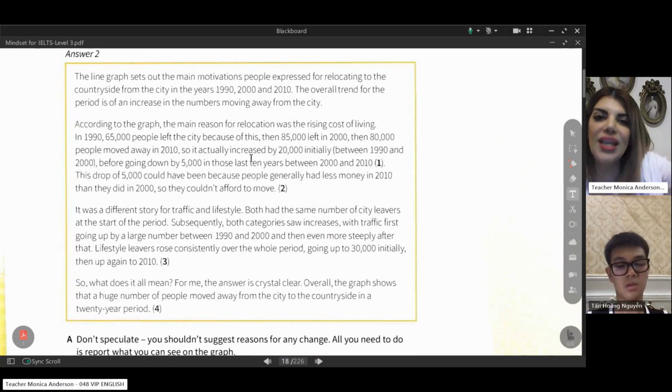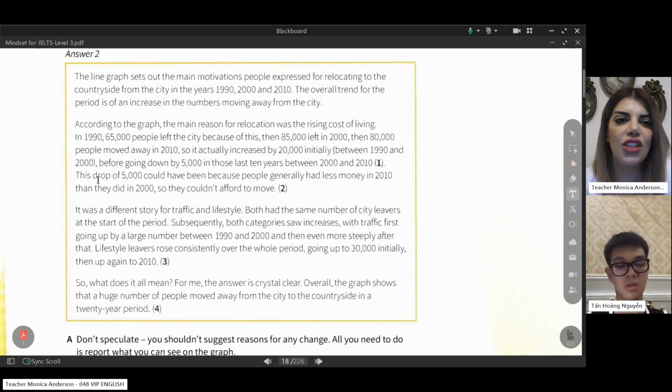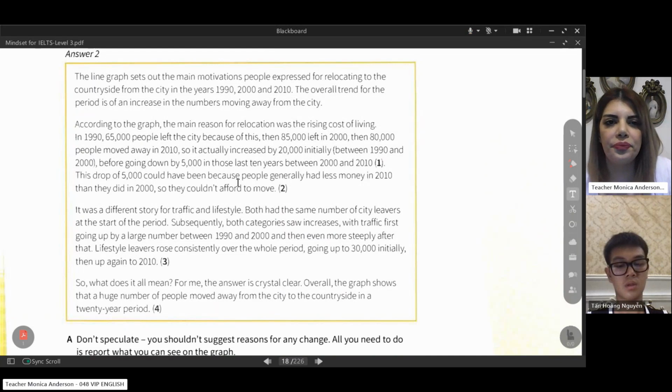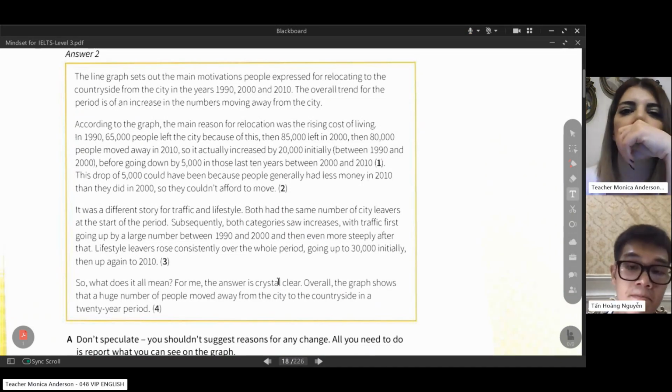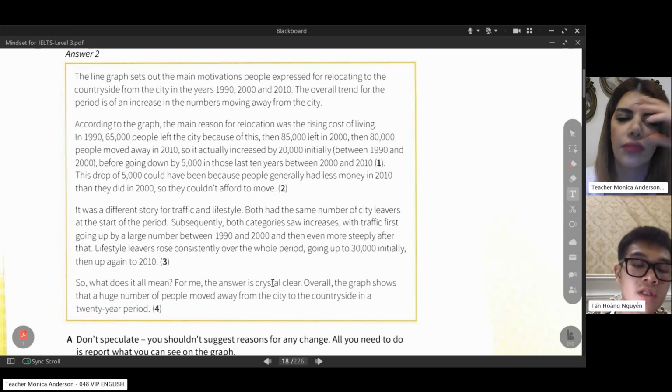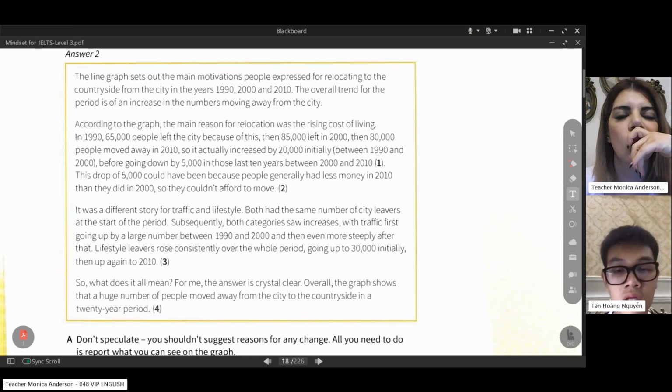Now let's read line 2, the second one. This drop of 5,000 could have been because people generally had less money in 2010 than they did in 2000, so they couldn't afford to move.